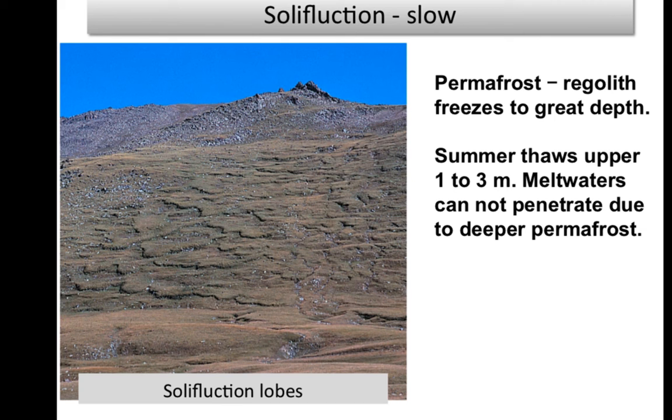So if it cannot percolate, it slides along that frozen permafrost that lies beneath. So meltwaters cannot penetrate due to this deeper permafrost, and so you get this slumping or sloughing. I'm not sure where this word solifluction comes from, but it describes this movement of regolith in regions of permafrost, obviously colder climates.